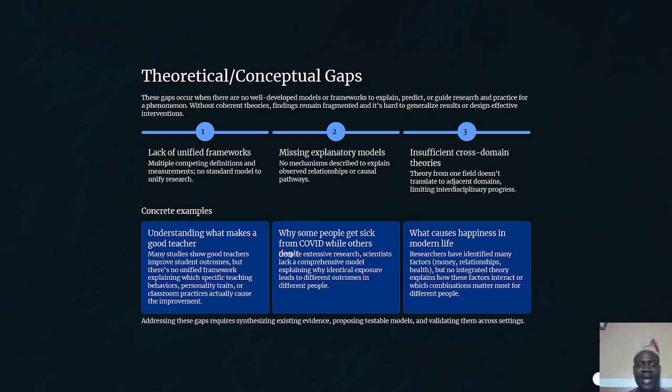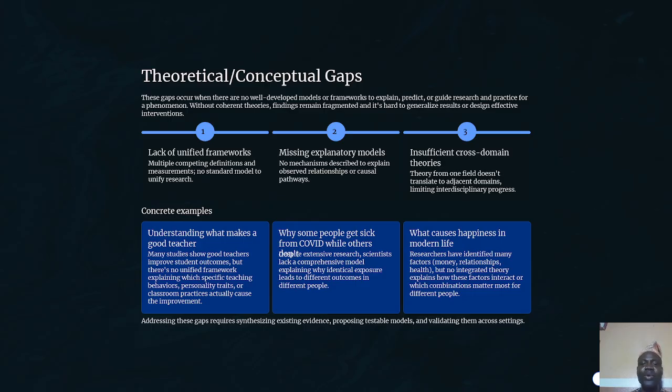So the next gap that you can fill is what we call the theoretical or conceptual gap. These gaps occur when there are no well-developed models or frameworks to explain, to predict or guide research and practice for a phenomenon. Without a coherent theory, findings remain fragmented and it's hard to generalize.